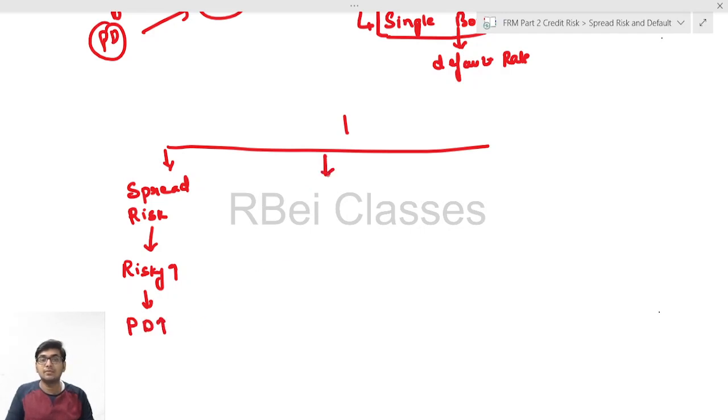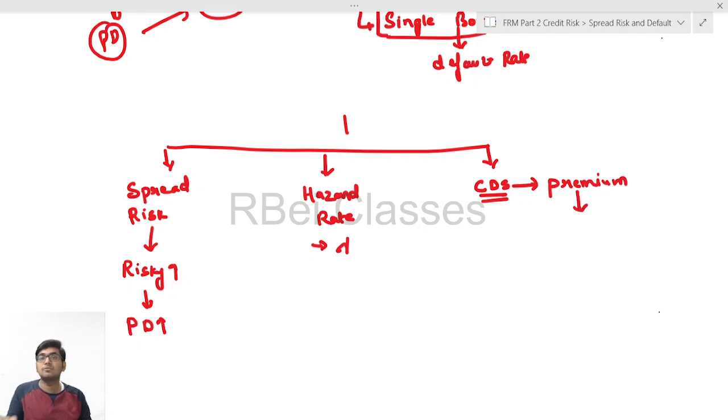Clear? Then we are going to study the hazard rate, or you can say the probability of default. Basically over here we are going to use the term lambda. Clear? And then we'll come towards the CDS, that is credit default swap. It is also based on a particular bond. For every bond which is issued in the market and whose CDS is trading, its spread or its premium will tell you the amount of risk in the organization.